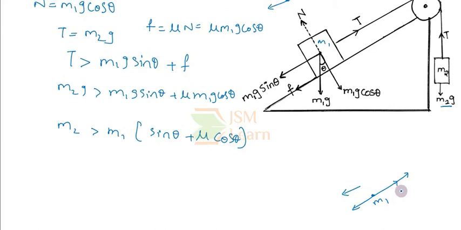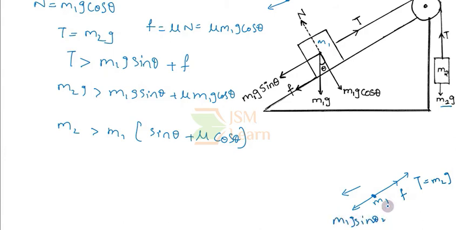So the frictional force here is generated in the upward direction of the plane, and in the same direction the tension is also directed. We already know that the tension is equal to m2g, because this tension was generated due to the weight of the m2. The downward force acting on the block m1 is m1g sin theta.